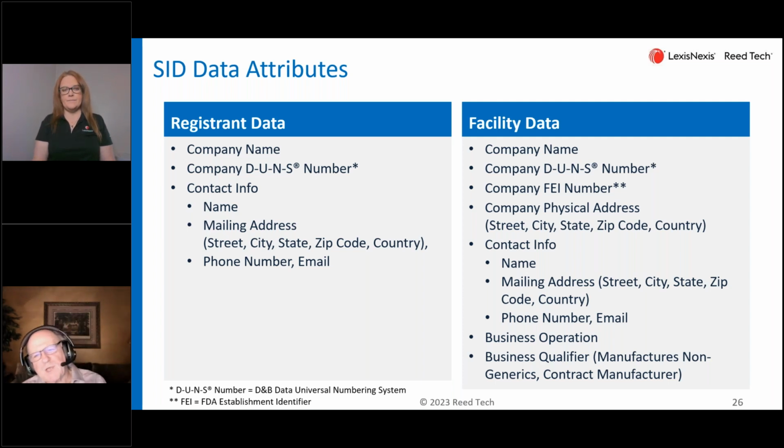On the right-hand side, there are some similar fields, but it's quite different. So the company name and DUNS number now is for the actual facility. Let's just follow an example here. Maybe the registrant is in Philadelphia and has this particular DUNS number for that company, and yet the actual facility is in Pittsburgh, and it would have a different DUNS number and a corresponding FEI number.